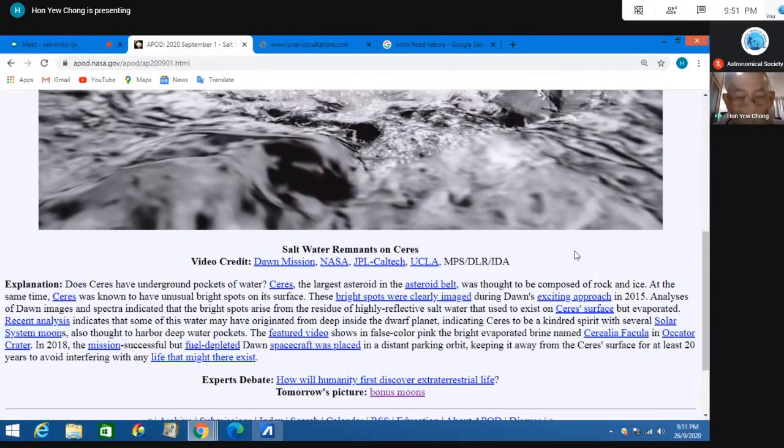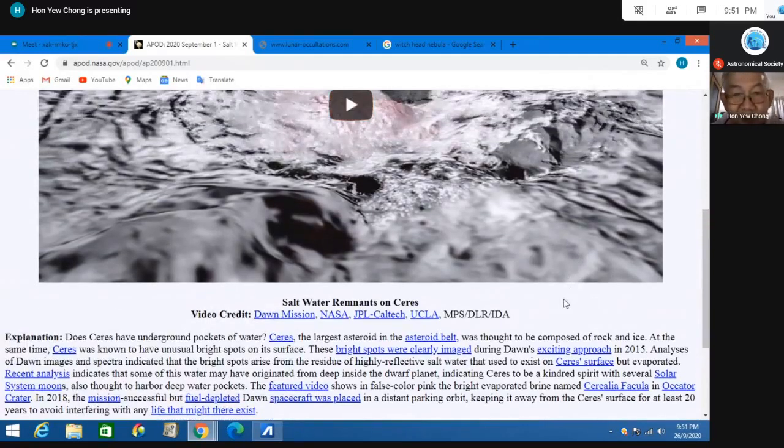So the ion motor actually uses xenon gas, Xe, xenon gas. All right. So when the xenon gas passes through the nozzle, the electrons will strip off from the xenon atom. So now you have a positive xenon ion, and this xenon ion will be accelerated by a powerful electric field. And as the xenon achieves a fast speed, it will be ejected from the back of the rocket, and you provide a lot of thrust.